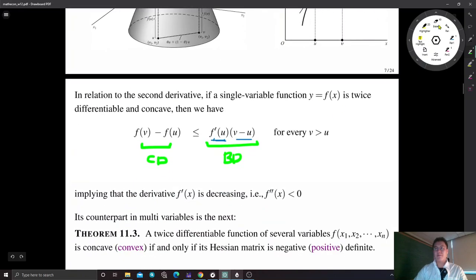All right, and from this, we can see the relationship between the sign of the second derivative and concave function. So we defined concave function in terms of the negative sign of the second derivative.